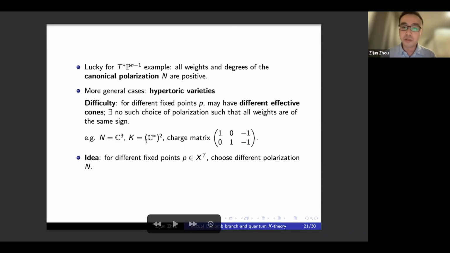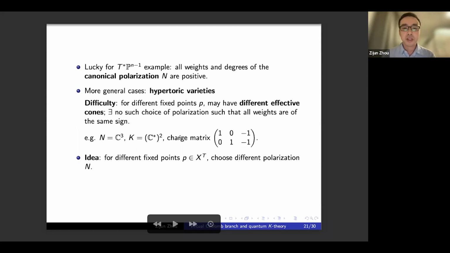There will be three effective cones and three fixed points, and the effective cones of these three fixed points will all be different. And the effective cone of the Higgs branch itself would be the union of the effective cones of all the fixed points.